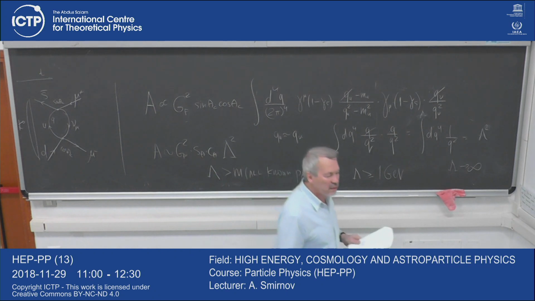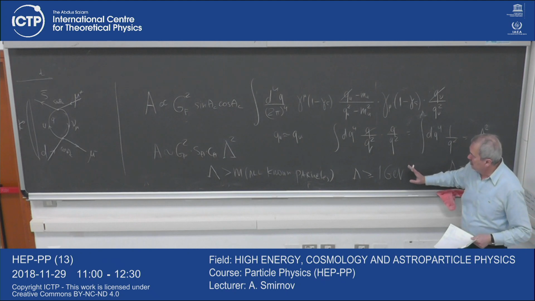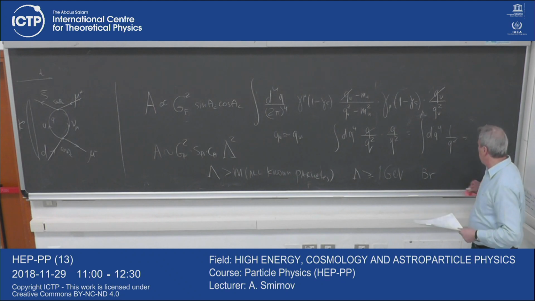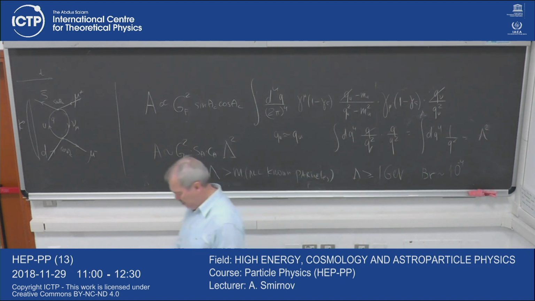Even for 1 GeV, and I don't want to do this explicitly because I need to put in some factors, you can check that you get a branching ratio, I don't remember precisely, something like 10 to the minus 4 instead of 10 to the minus 8. Still you have a far way to go, and you need some other suppression. You understand the problem? Questions?